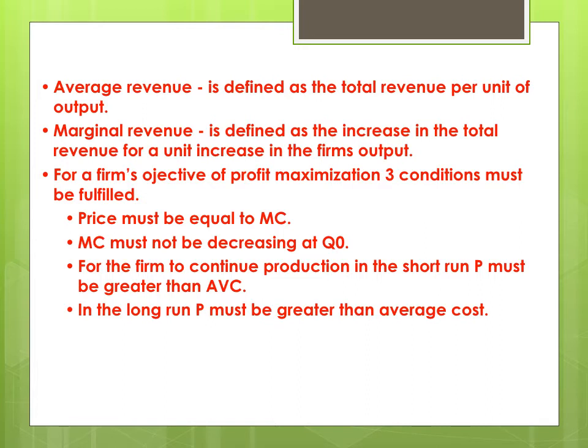Secondly, marginal cost must not be decreasing for that given quantity Q0. For the firm to continue production in the short run, price must be greater than the average variable cost. And in the long run, price must be greater than the average cost.